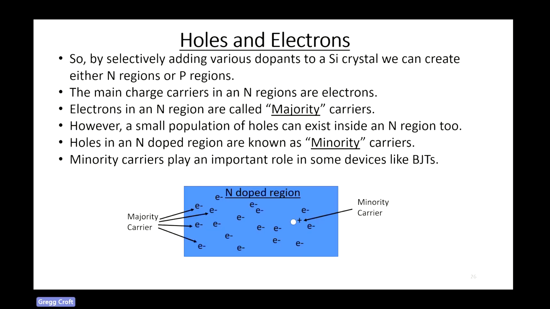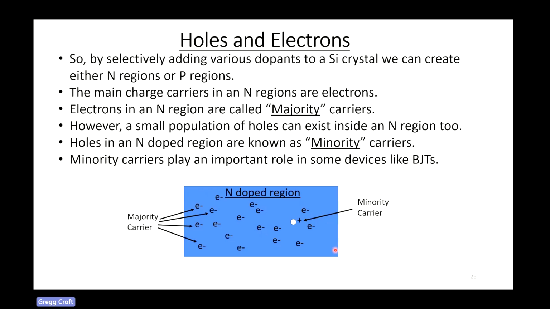So by selectively adding dopant to a silicon crystal, we create either N regions or P regions. The main carriers in the N regions are electrons. Electrons in the N region are called the majority carriers. I just want to get you used to this terminology. However, you could still have a small population of holes inside an N region, and those would be called the minority carriers.